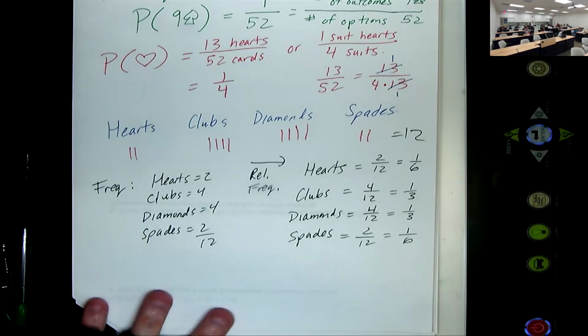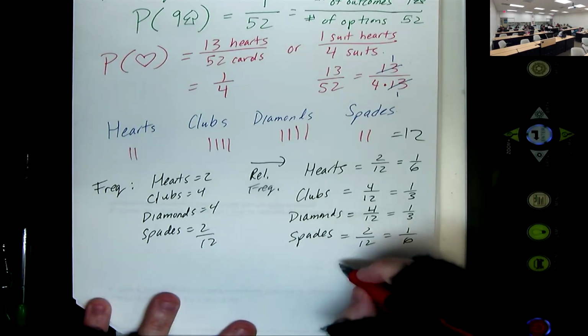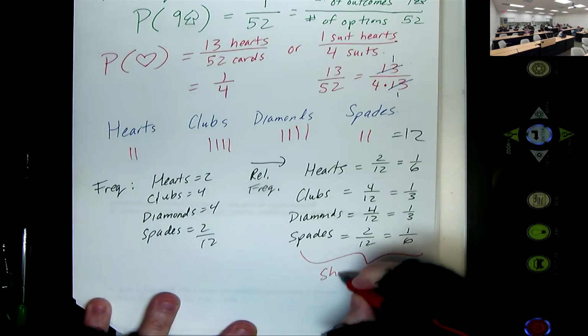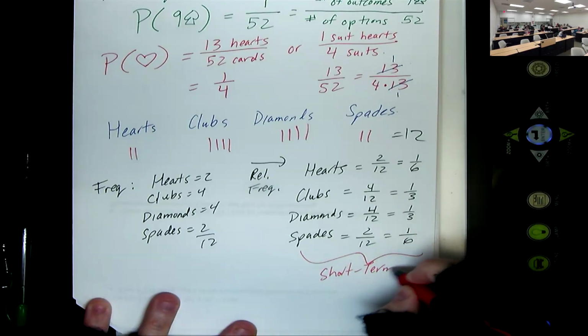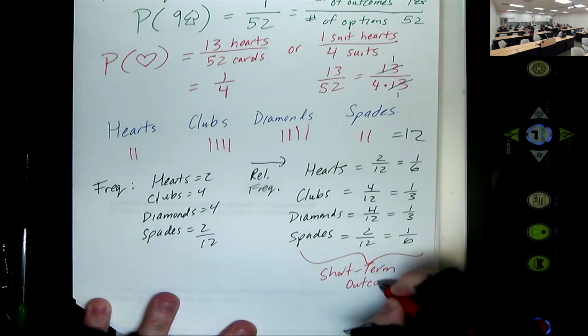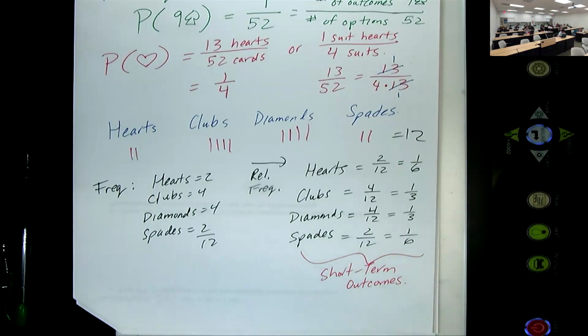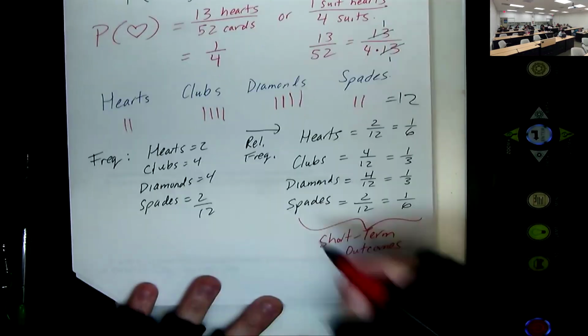So these are short-term outcomes. This is like a short-term, and these are proportions.